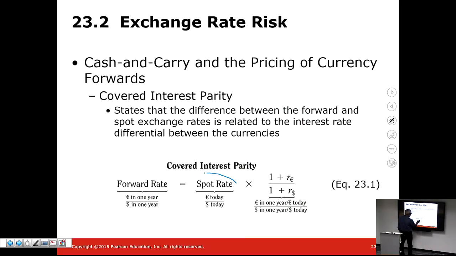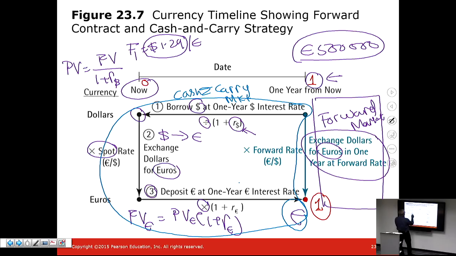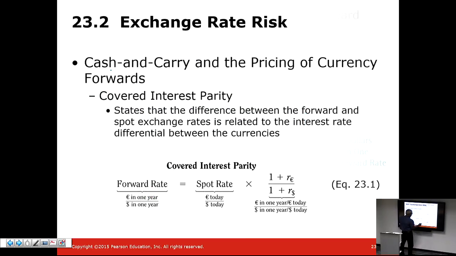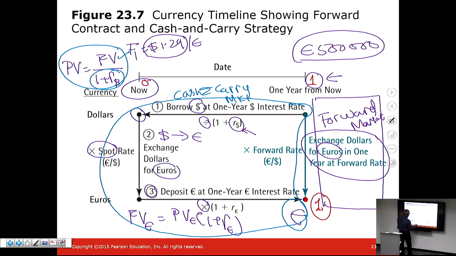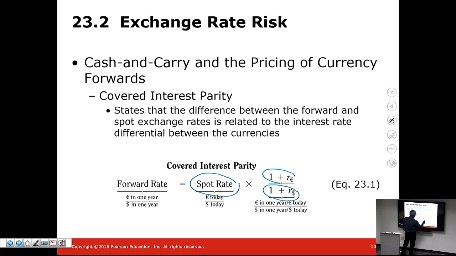Over here, I'm dividing the future value that I need by 1 plus the interest rate in dollar. Then over here, I'm multiplying it by 1 plus the interest rate in euro.